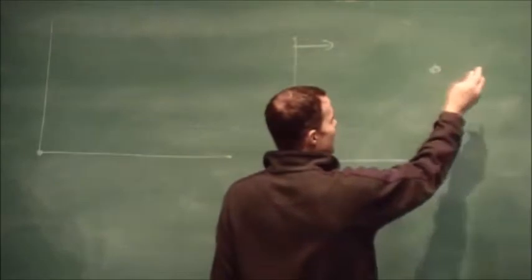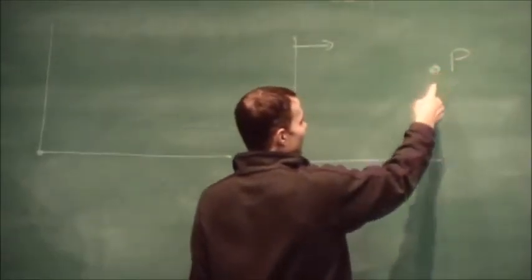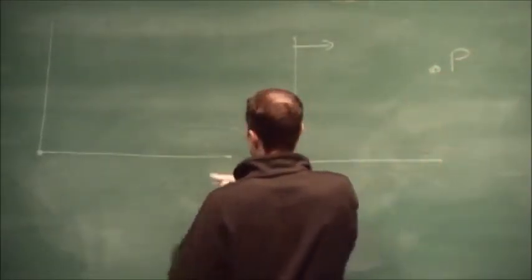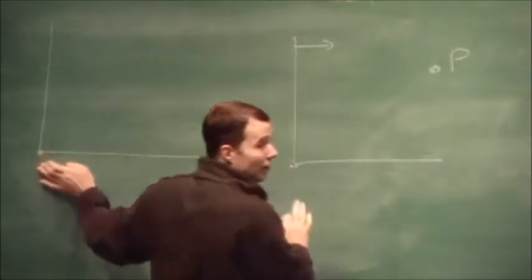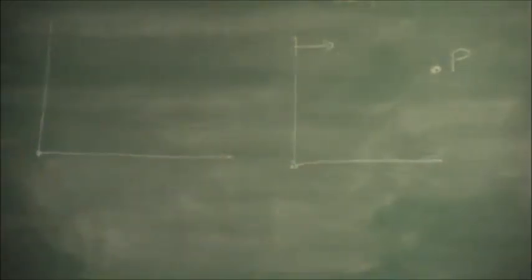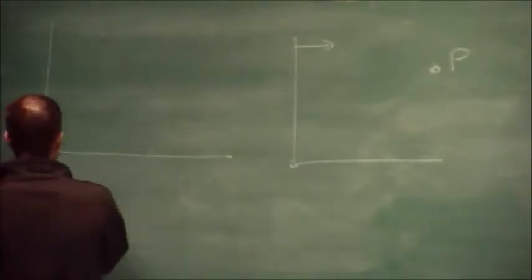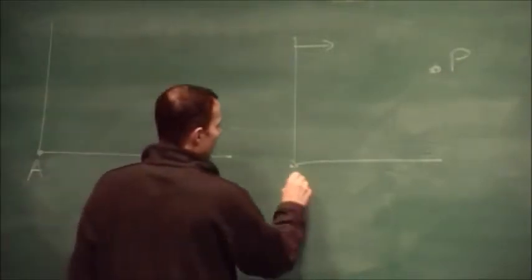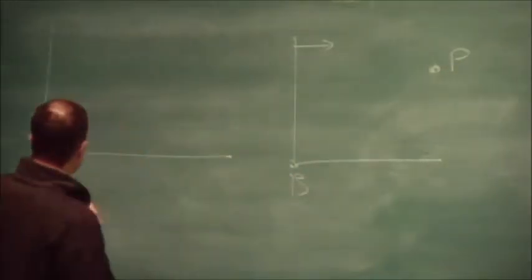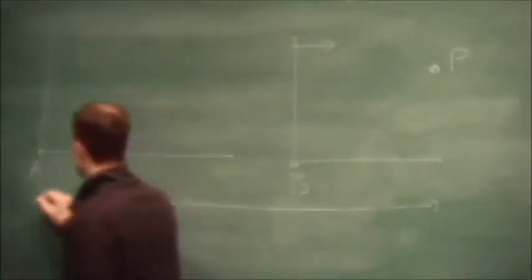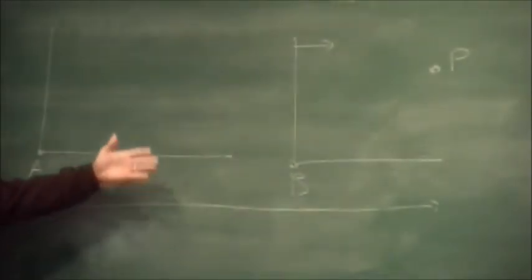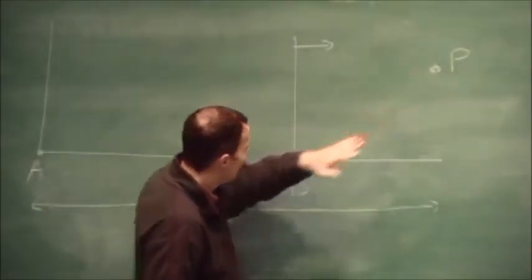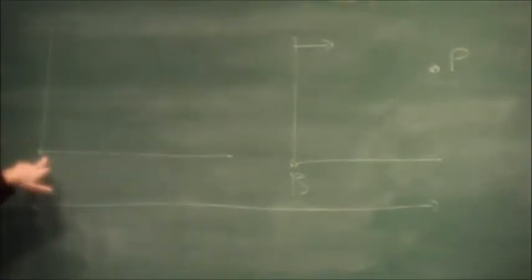I've drawn P up here, and it looks like it's a 2-dimensional thing, but we're just really going to consider what happens along the x-axis. We're not going to worry about y for the moment. We will in just a minute. Okay, so A, B, and P. The displacement of this point P with respect to A is this distance right here, right?